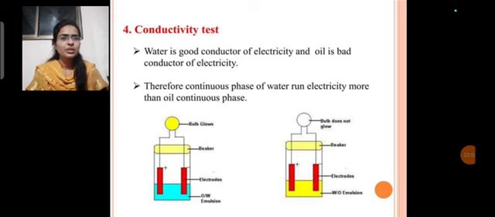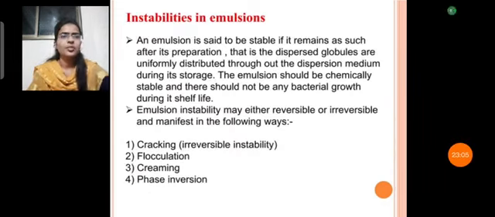Then next is the instability in emulsion. When can we say our emulsion is stable? If the dispersed globules are uniformly distributed throughout the dispersion medium during storage, it is chemically stable. At the time of storage, no bacterial growth occurs.